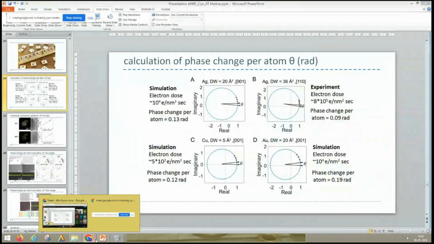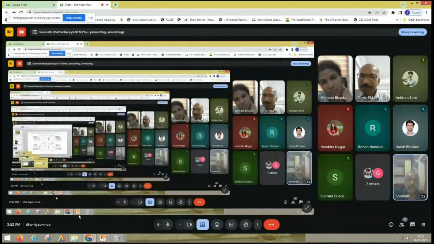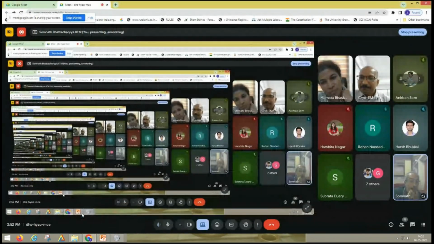The advantage is that if you use that, you will see what electron dose rate works. So this is my atom. I have a potential which my electron is seeing. Now if you heat it up, the atom will vibrate, so the potential will be smeared out.